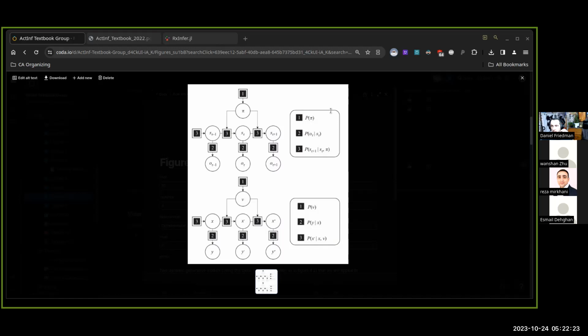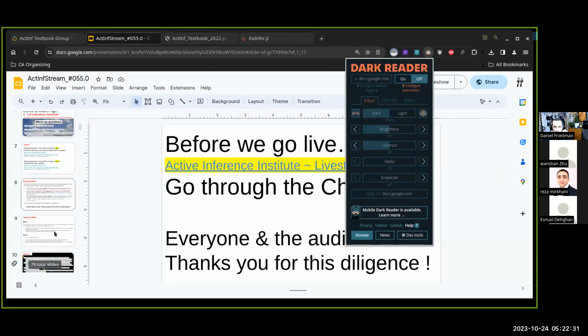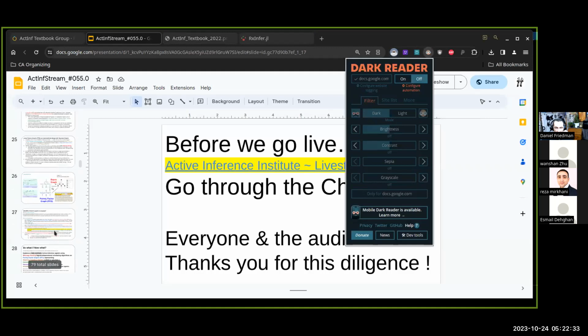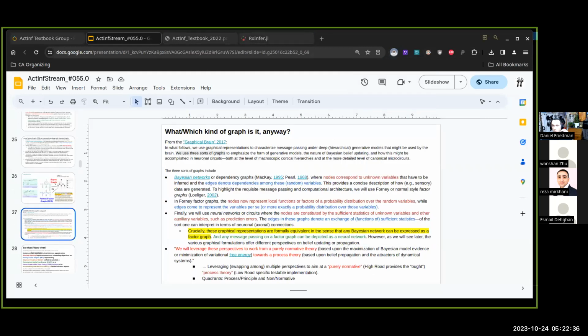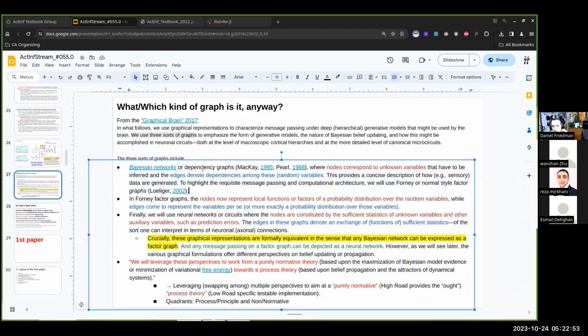I'm actually even going to bring in this one slide from message passing. Three kinds of graphs. Interestingly, all 3 of these kinds of graphs come into play in the textbook, but I think in this 2017 paper, they lay it out most clearly. Bayesian graphs: nodes are variables, edges are dependencies.